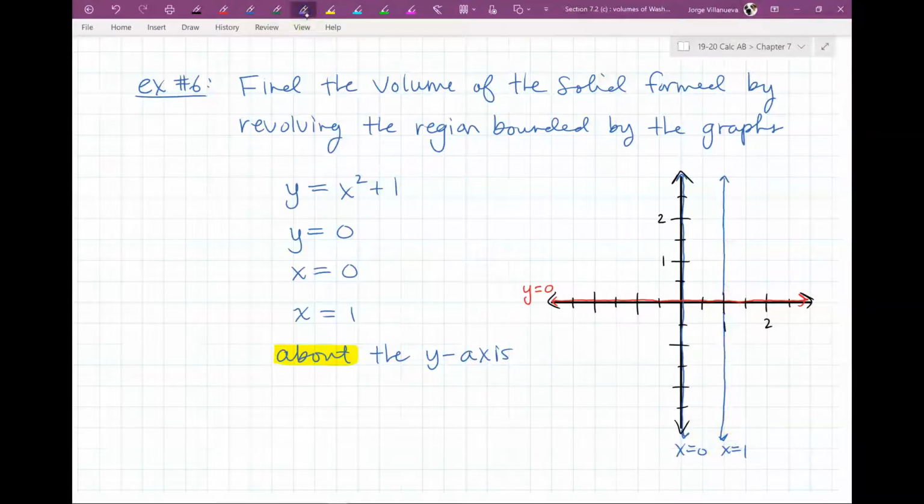And y equals x squared plus 1. So the area they're talking about is right in here.